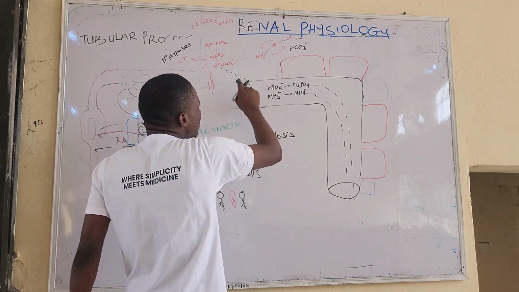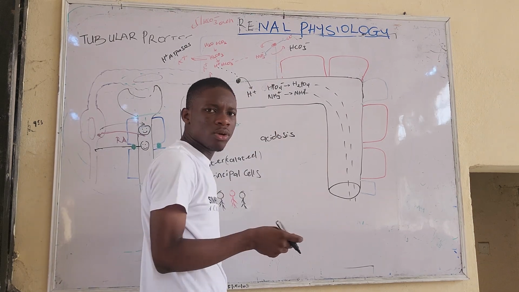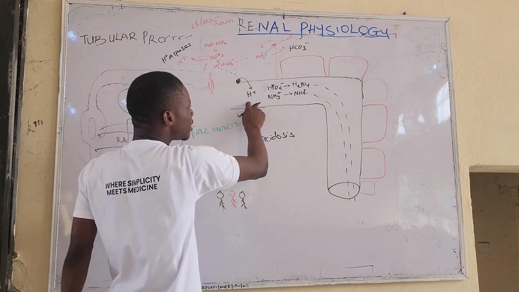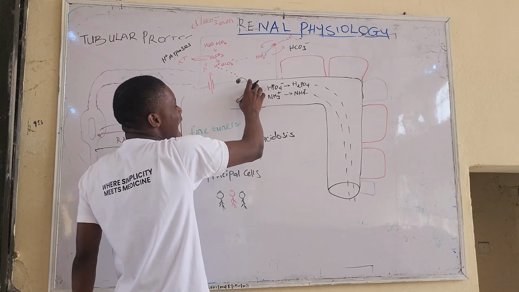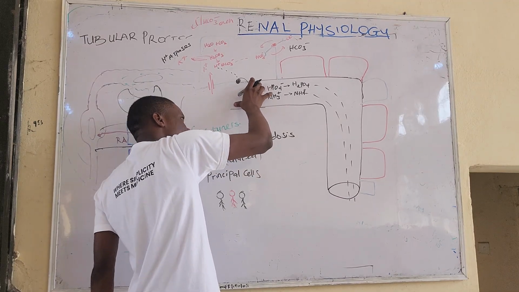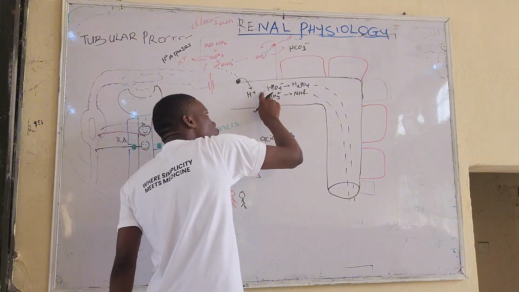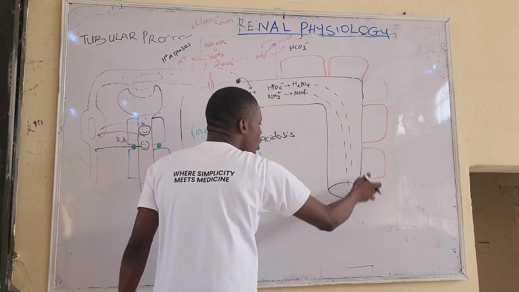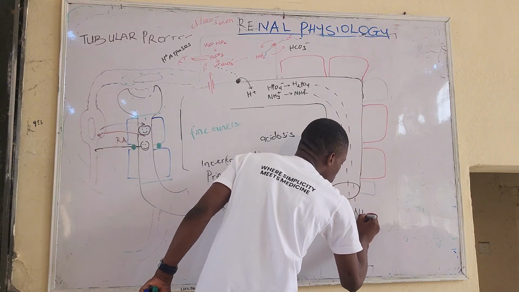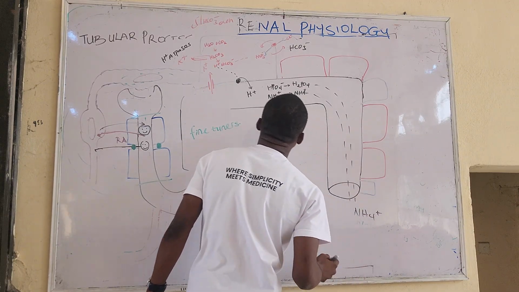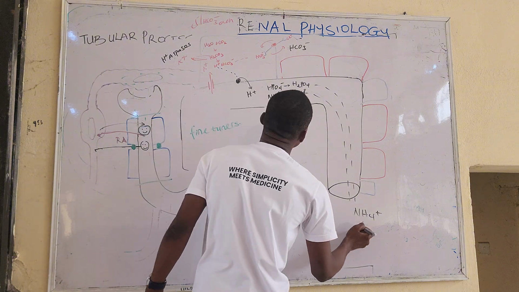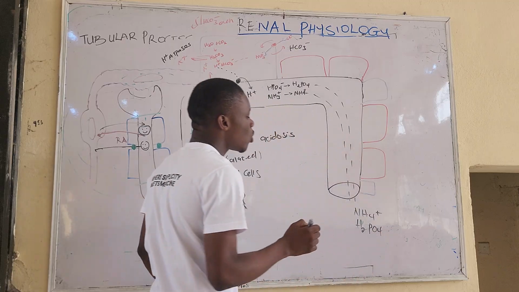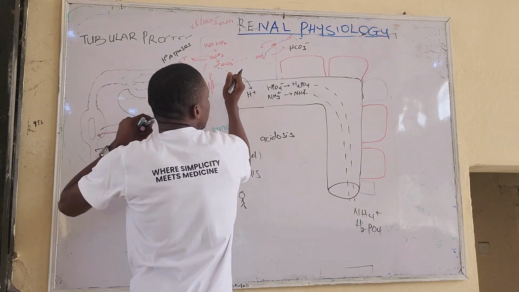As it works fast, it also releases more hydrogen ions into this lumen. The more hydrogen is released, the more it binds to these buffers, and the more these are found in urine. Where am I going with this? When people have metabolic or, let's say, respiratory acidosis, they always have a high amount of ammonium and phosphate in their urine, because this thing is working very efficiently.